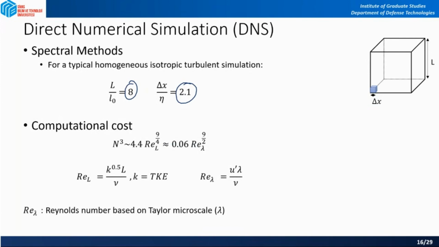So this gives you some estimation of the computational cost of the DNS.